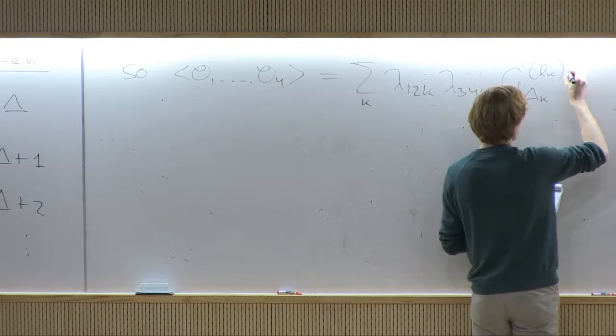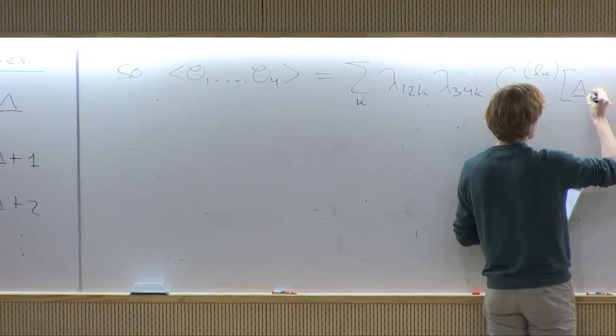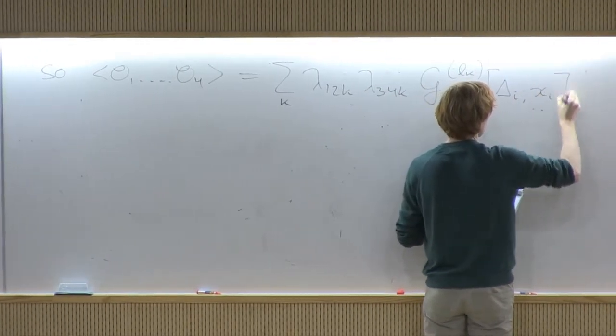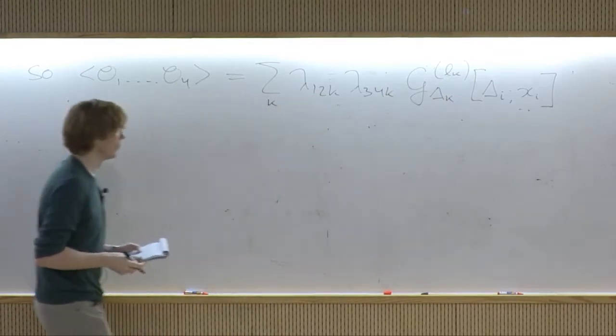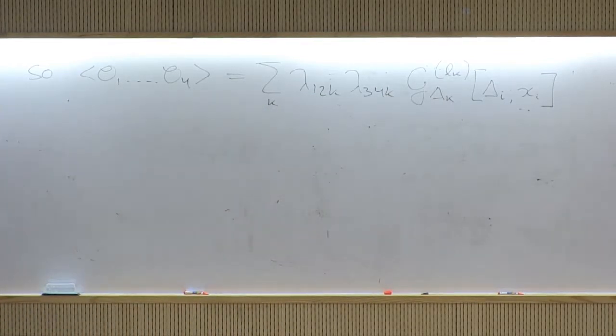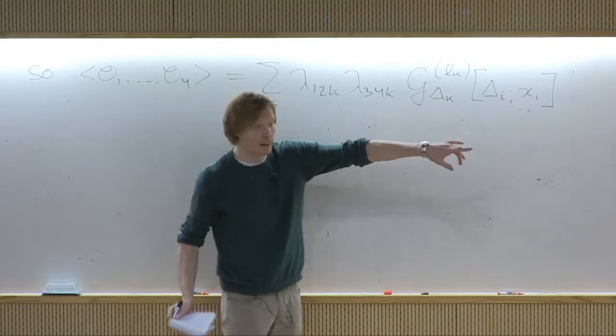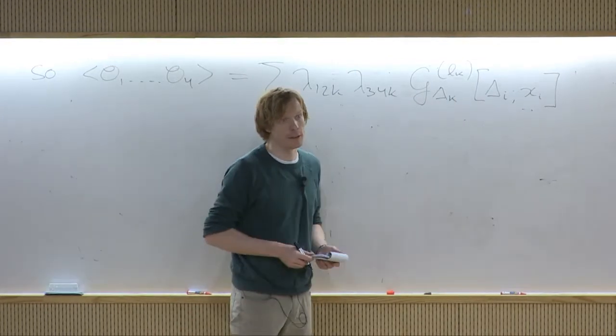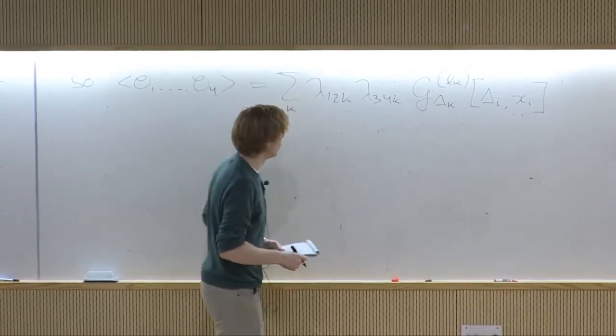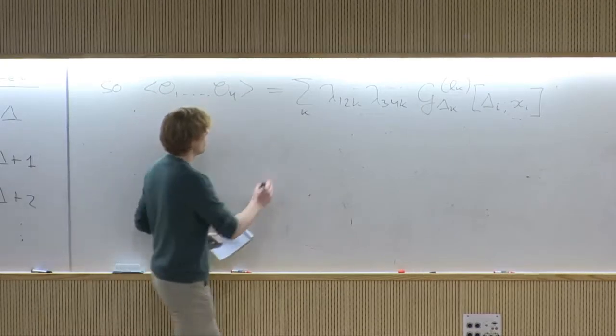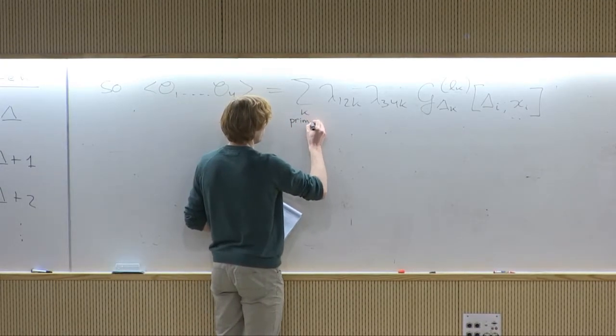This is more typical notation, delta i, x i. And this is, again, the same thing, the conformal block. I just wrote it in a notation that we more typically use in the CFT literature.